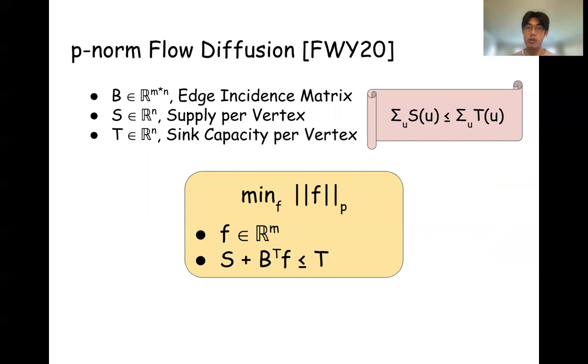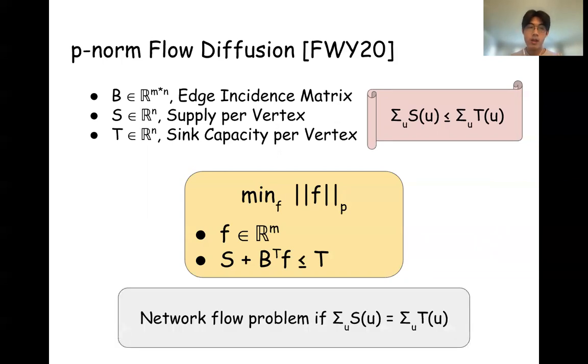And while doing so, I want to find the flow with minimized p-norm. One can view this problem as a direct generalization of the typical network flow problems, where the total amount of supply is equal to the total amount of sink capacities.